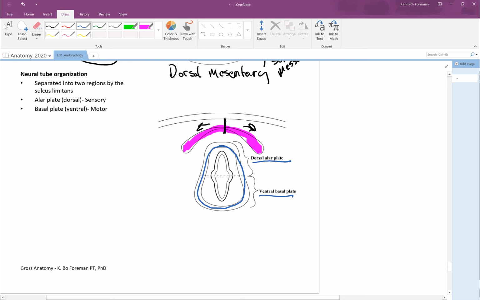Now if you think about the typical pattern that we see in the spinal cord cross section, that's what a cross section of a spinal cord would look like.